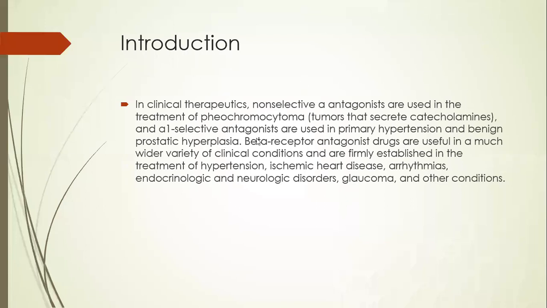Alpha 1 selective antagonists are used in primary hypertension and benign prostatic hyperplasia. We have already considered hypertension. This type of antagonist, alpha 1 selective antagonists, is used for the treatment of hypertension.